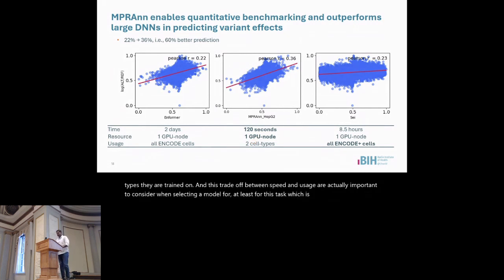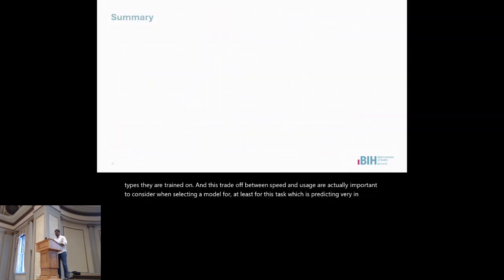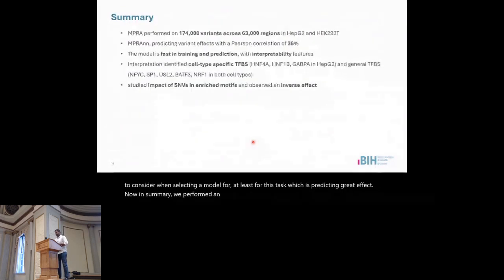Now, in summary, we performed an extensive MPRA on 174,000 variants across 63,000 regions in 2 diverse human cell lines. We used this data to train our model MPR-NN, which was able to predict variant effect at a Pearson correlation of 36%. There's definitely room for more improvement.